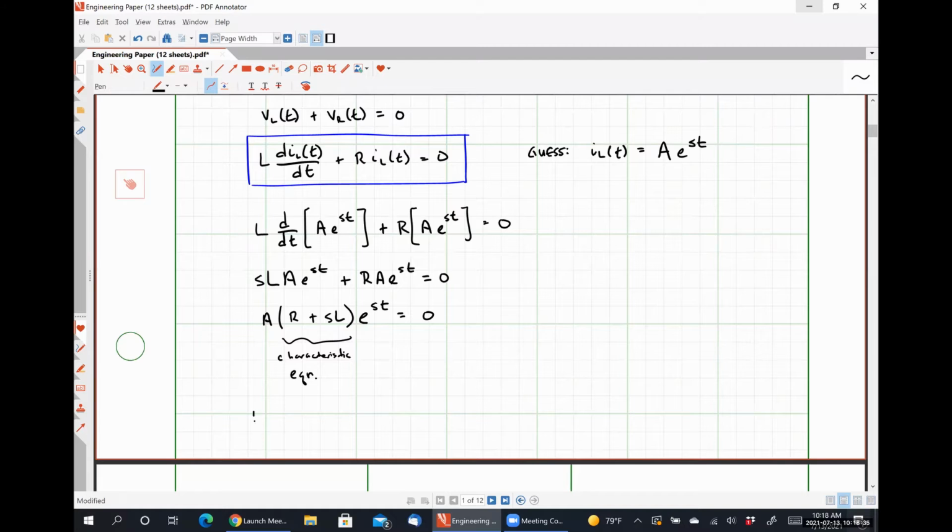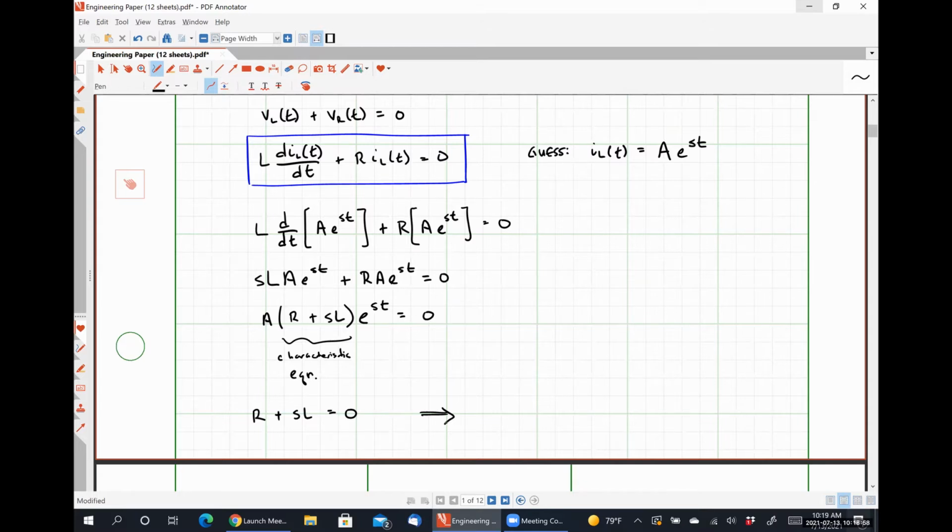And say R plus SL is equal to 0. And this will tell us what specific values of S will force Kirchhoff's voltage law to be satisfied, okay?